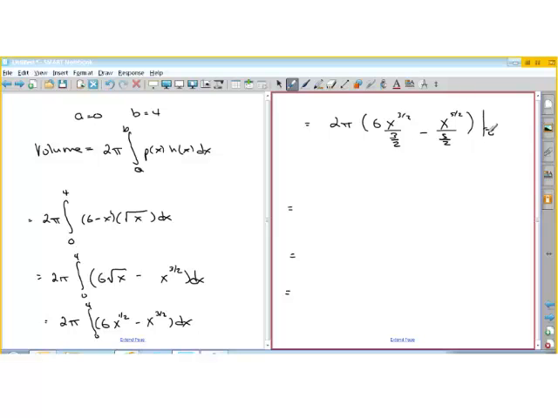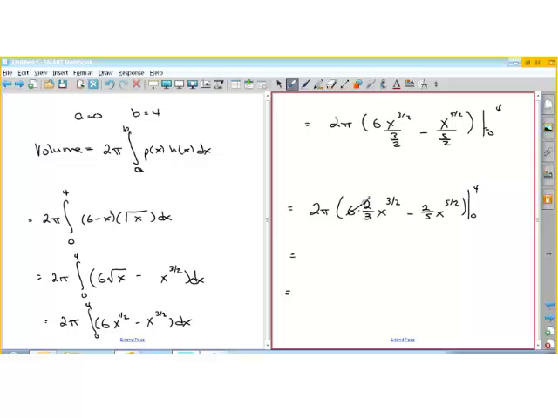Okay, now we evaluate it between 0 and 4. Okay, so we have 6 times 2/3 x to the 3 halves minus 2/5 x to the 5 halves between 0 and 4.